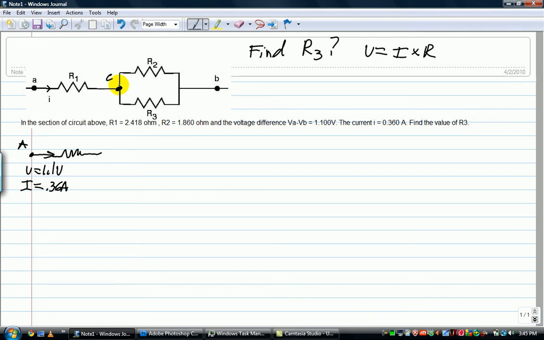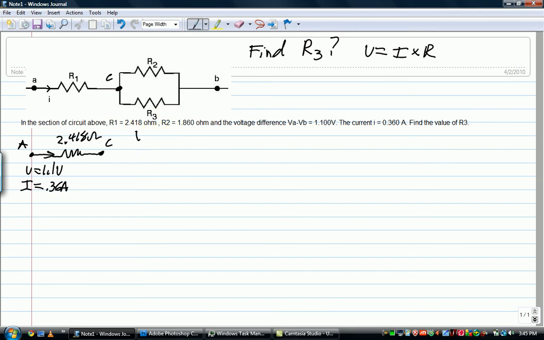We'll call it C. Here's point C, and we have some resistor right here, and the problem tells us that that resistance value is 2.418 ohms. If we can find the voltage across this resistor, that'll help us find the voltage right here. So let's find the voltage across that resistor.